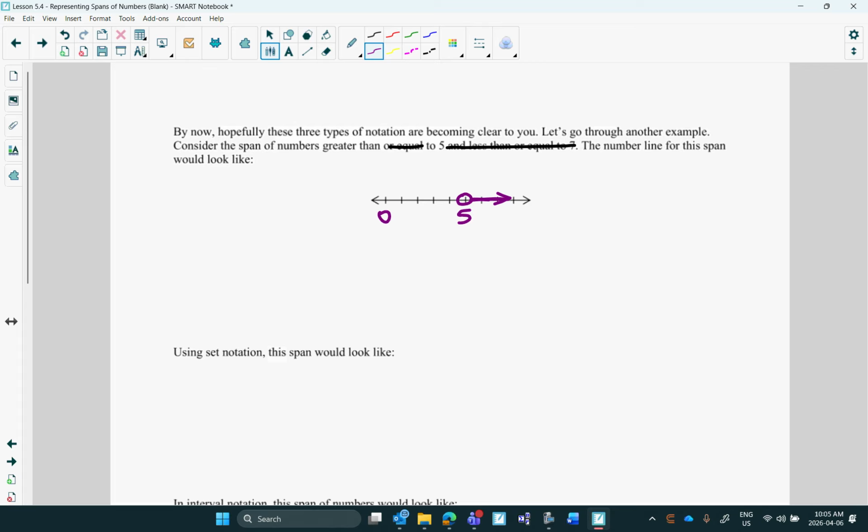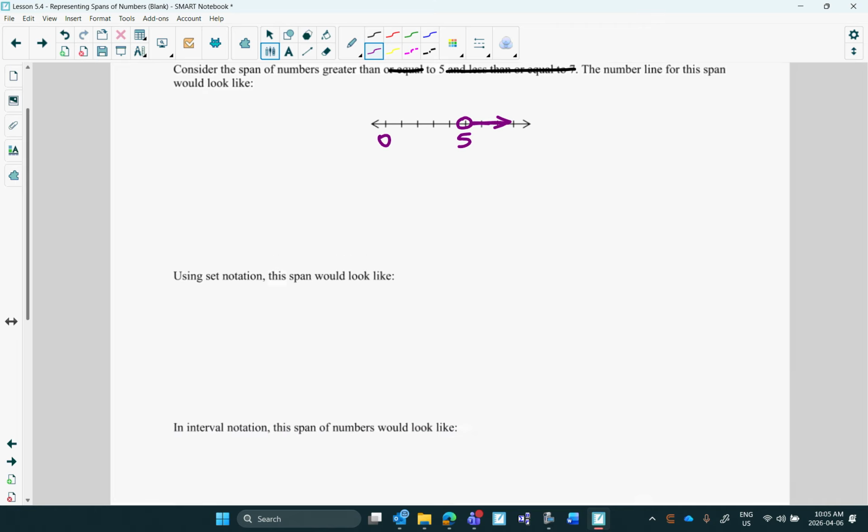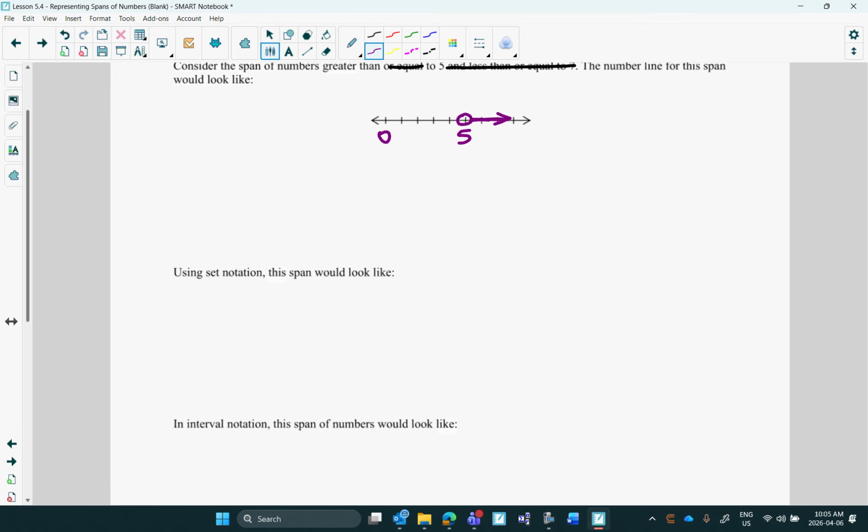Using inequalities, well, think of it. Every number, so I'll call it x, greater than 5. Every number greater than 5. I just write it down as I read it to myself.